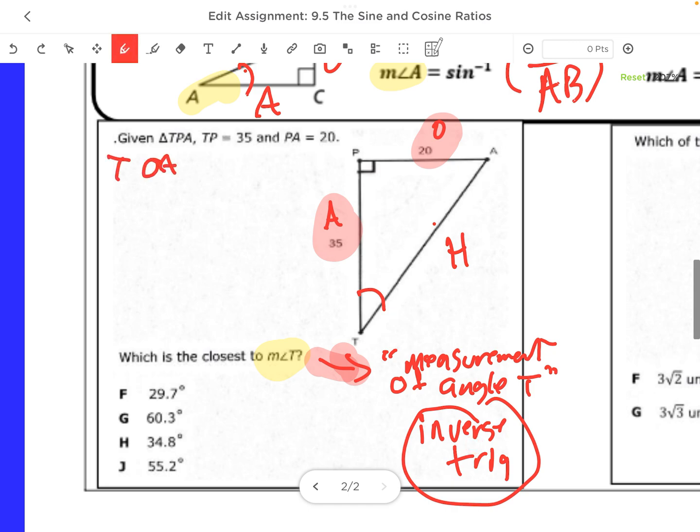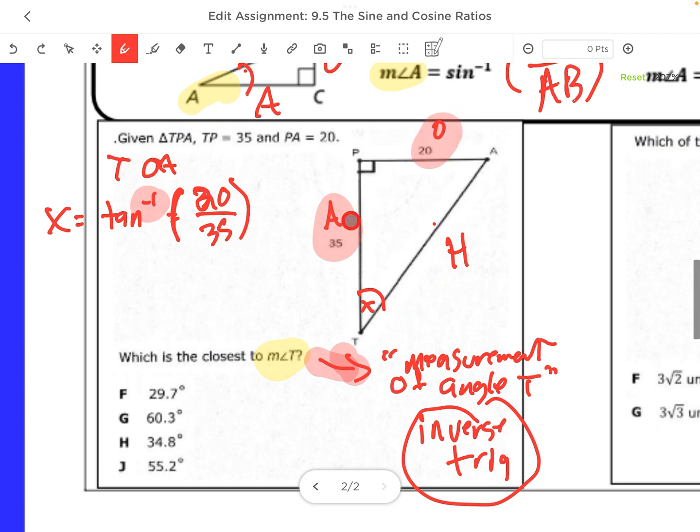So we're going to say the inverse tangent, right? That's the main thing because we're trying to find an angle. Inverse tangent of opposite over adjacent. So 20 over 35. Like this, right? X, which is what we're trying to find, is equal to the inverse tangent of opposite over adjacent.